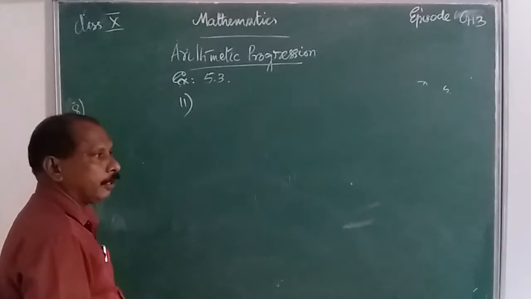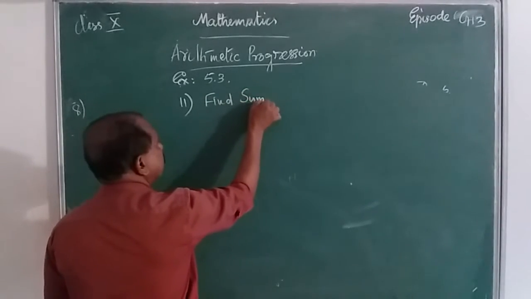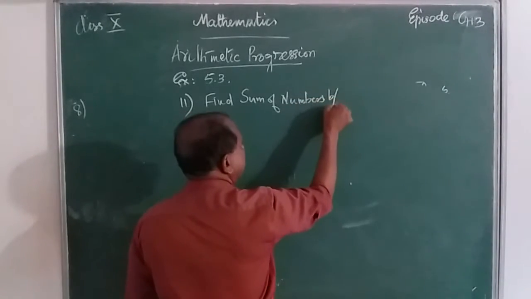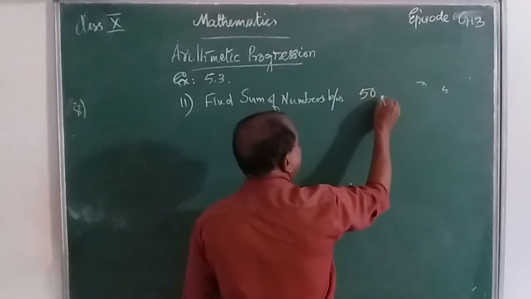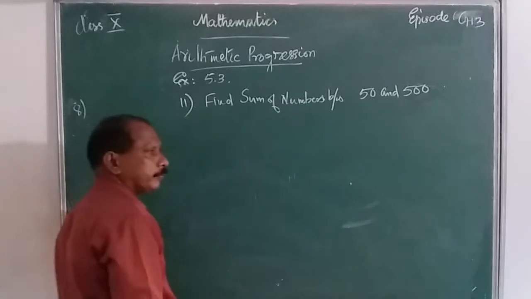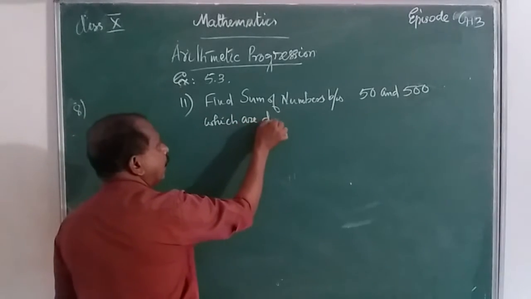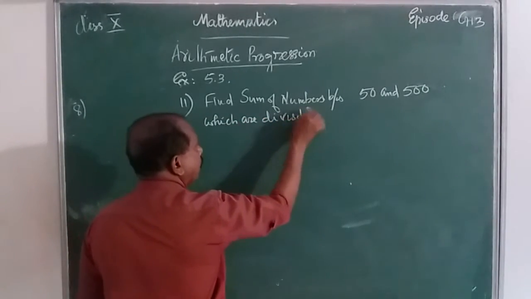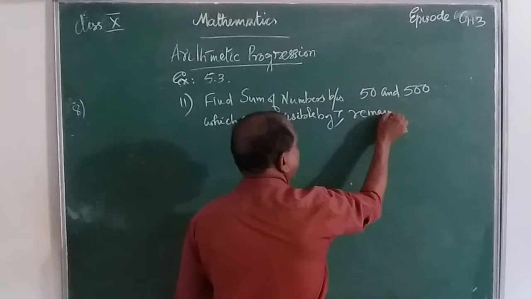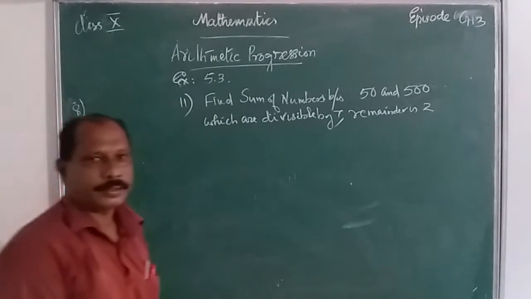The question is: find the sum of numbers between 50 and 500 which are divisible by 7, and the remainder is 2. That is the question.